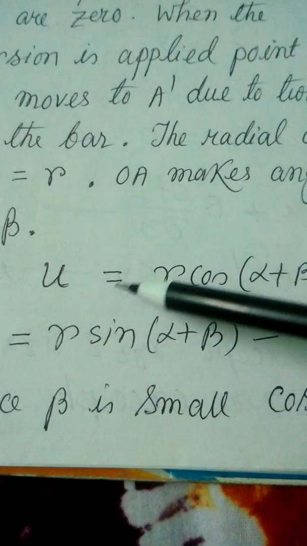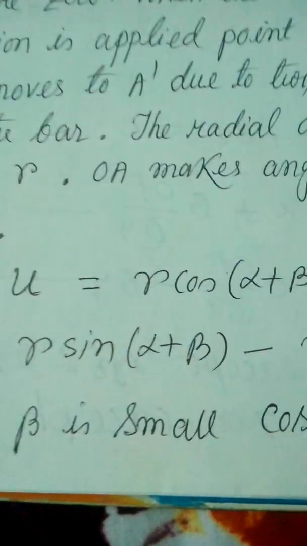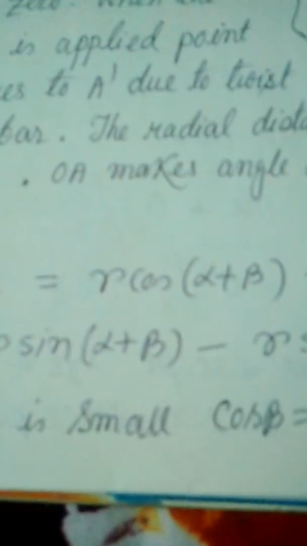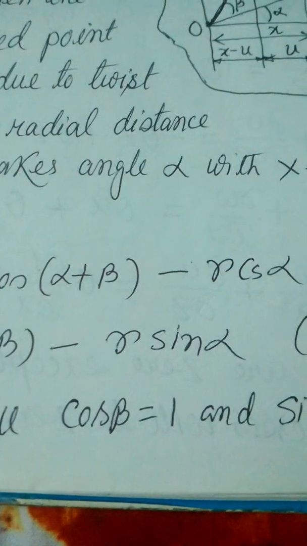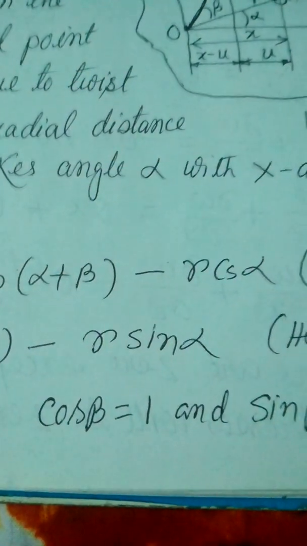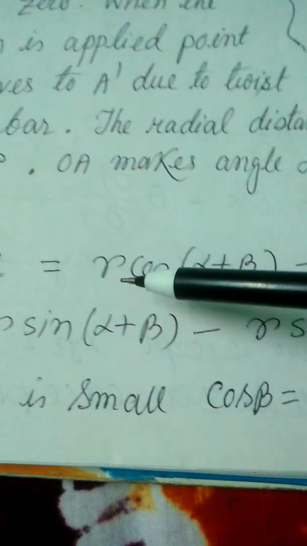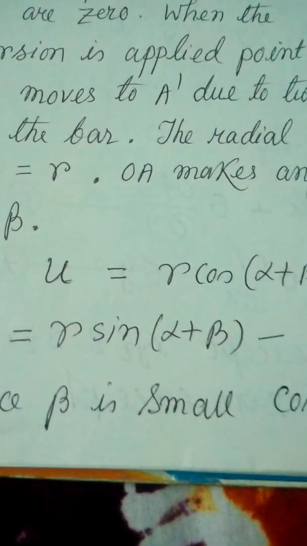That's why u is equal to r cos alpha plus beta minus r cos alpha. Practically it is r cos alpha minus r cos alpha plus beta. So this is negative here.